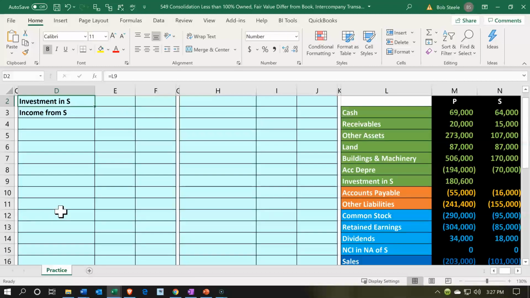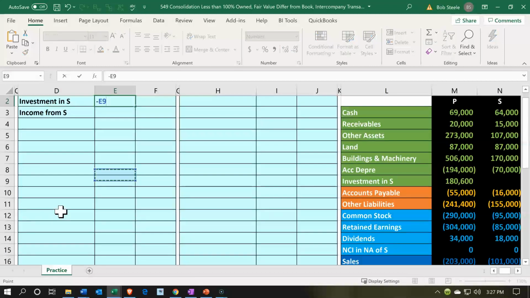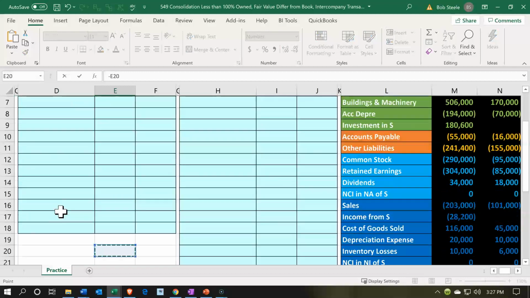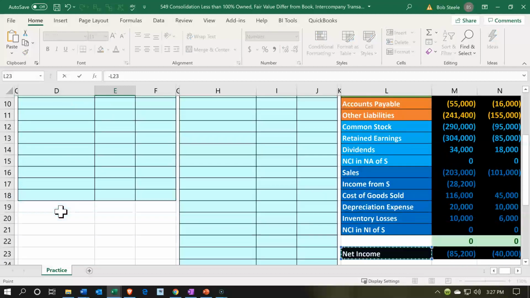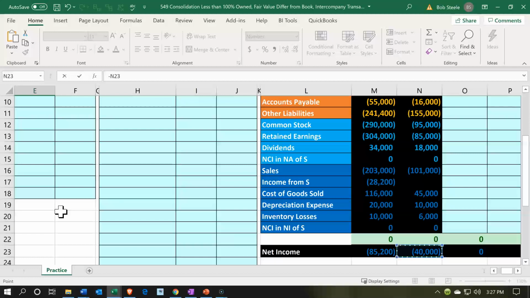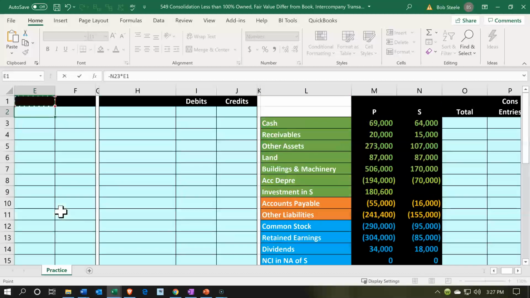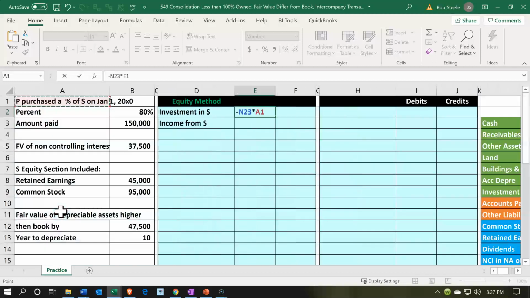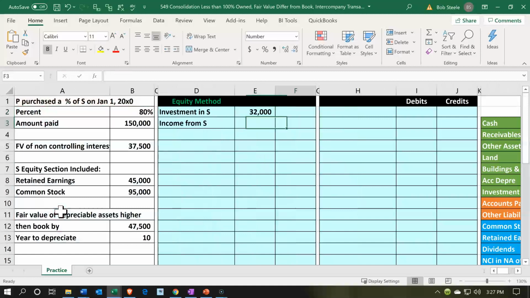And you would think that that would be for our portion or P's portion, parent's portion of the net income. So the net income down below of the 40, and then I'm going to multiply that times our portion, which was 80%. There's the debit and the credit. Now that doesn't take into account the change that's going to take place due to the depreciation in the current year for the increased amount of the depreciable assets, 47.5. We'll take a look at that in a second.